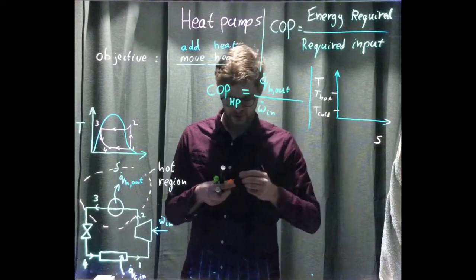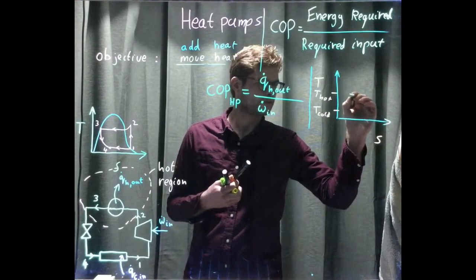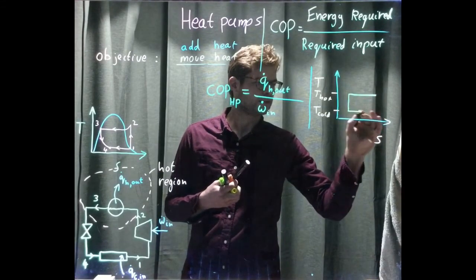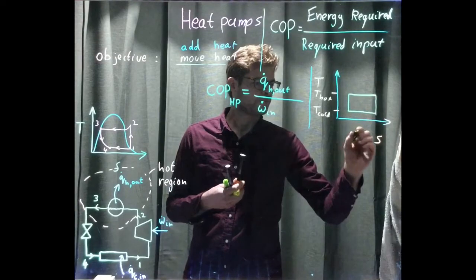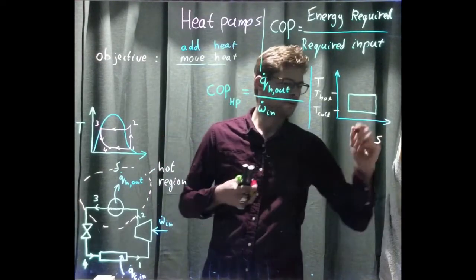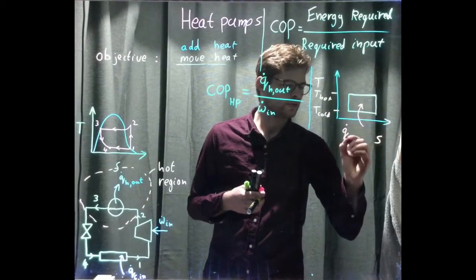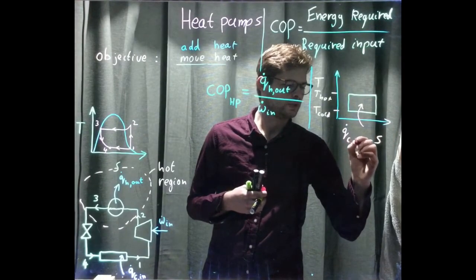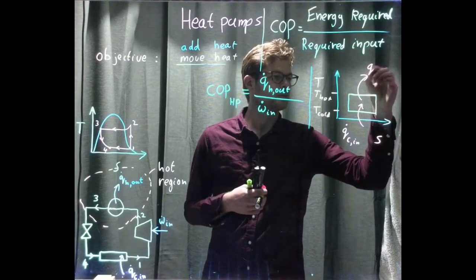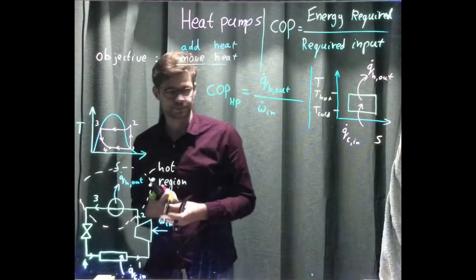And the cycle looks like this. Horizontal line, and another horizontal line. I'm adding heat over here, Q cold in, and I'm extracting heat Q hot out over there.